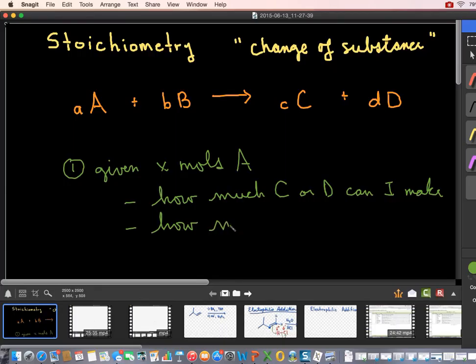How much B do I need? What is my theoretical yield, which by the way is this guy right here? What is my actual percent yield when I go into the lab and make this?